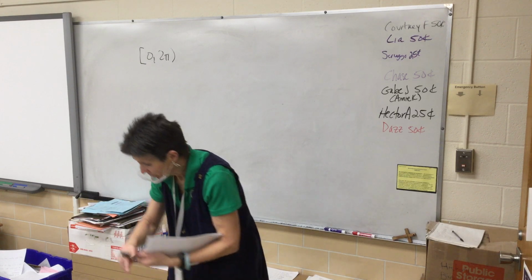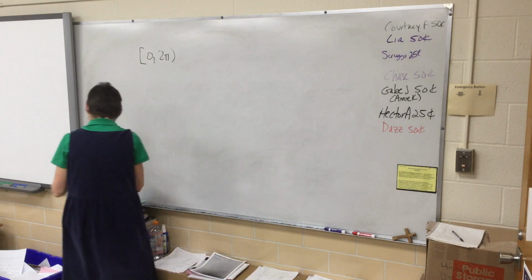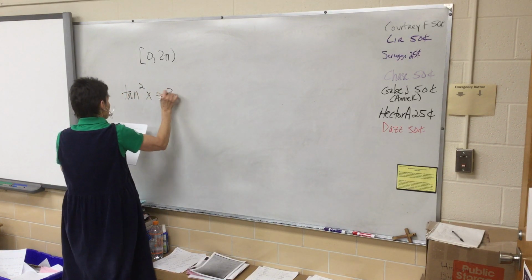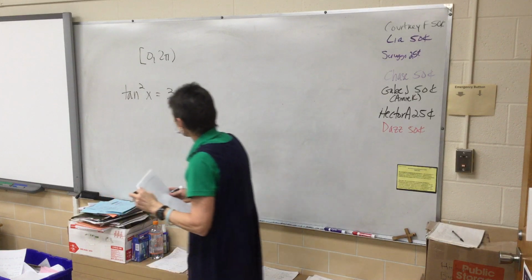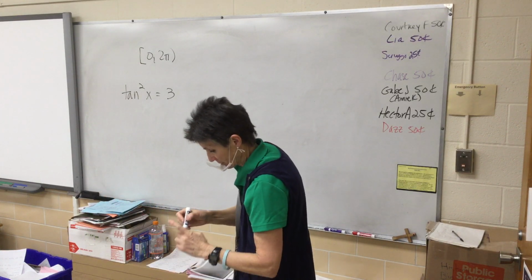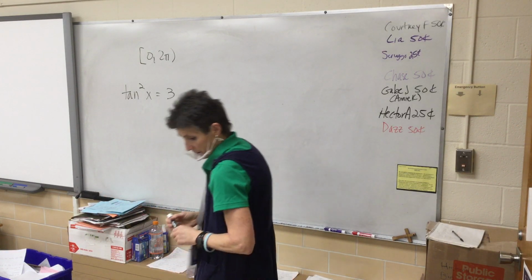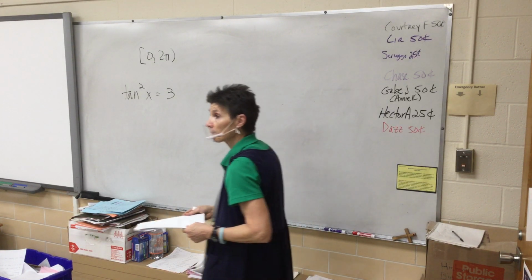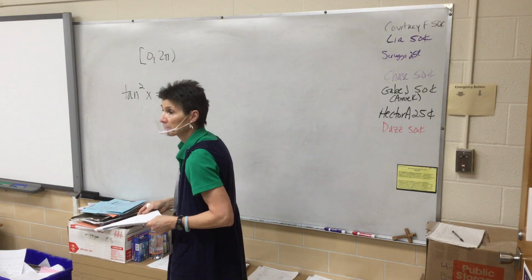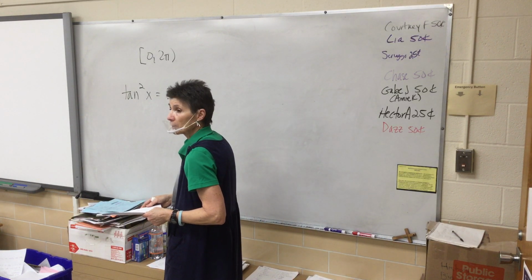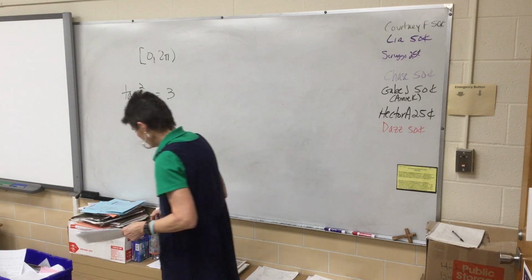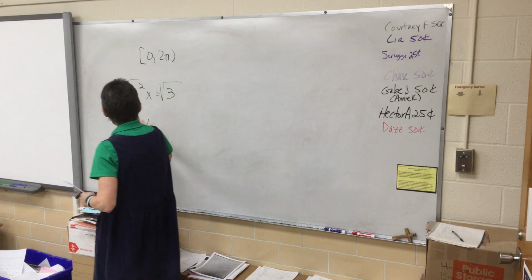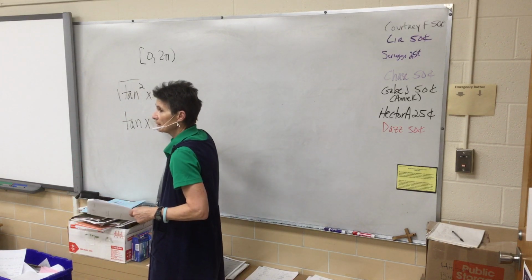Okay, so now, let's see if we can solve this equation. Okay? Thoughts? Square root? Yeah, absolutely. We're going to square root both sides. That's what we do. So the tangent equals, what do I have to remember over here?